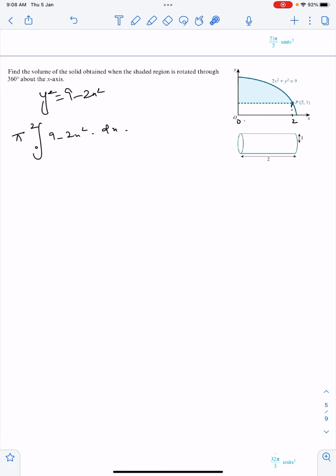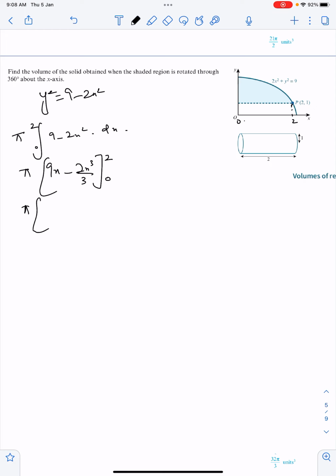I'm starting to get the whole volume first, when the whole area, the shaded plus the unshaded area, is rotated about the x-axis. That's what I'm finding right now. I'm going to start with the integration process. I'm going to write 9x minus 2x cubed upon 3. Pi still stays outside, applying the boundaries of 2 and 0 now, since the integration is complete.